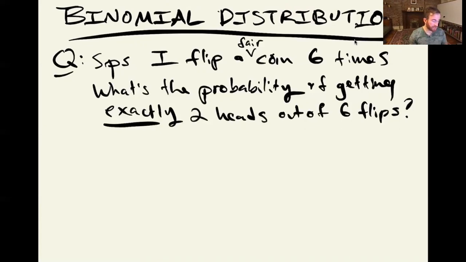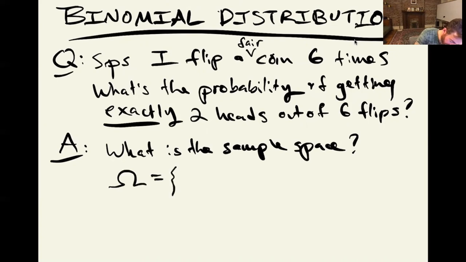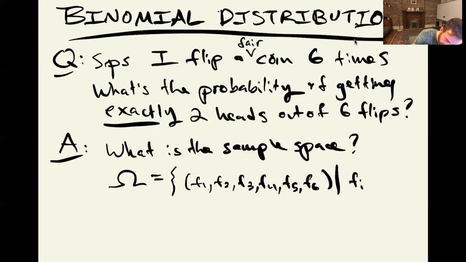So again, the first thing you need to do is figure out what is the sample space in this problem. So what is the sample space? This is the space of possible outcomes, which we can think of as sequences of flips, F1, F2, F3, F4, F5, F6, where each Fi is either a heads or a tails.